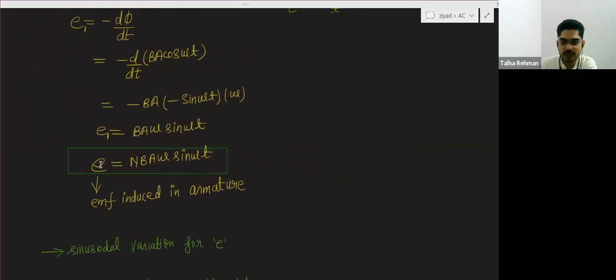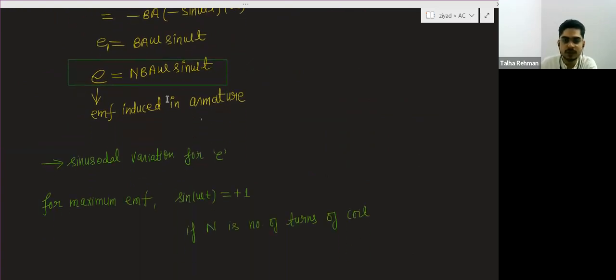So this EMF is in the form of sine. We can write this is sinusoidal variation for E. The maximum value of sine omega t is 1, and the minimum value of sine is minus 1.